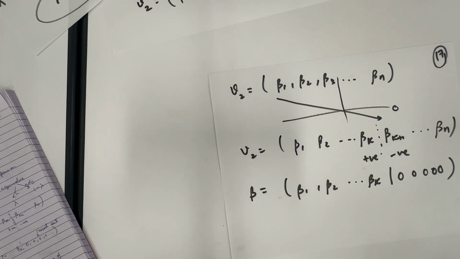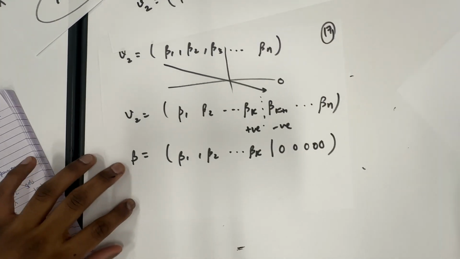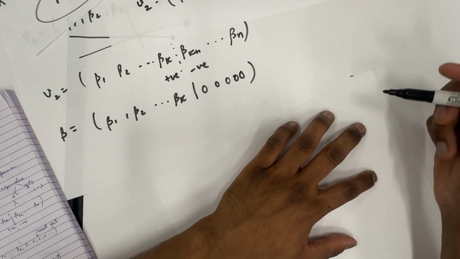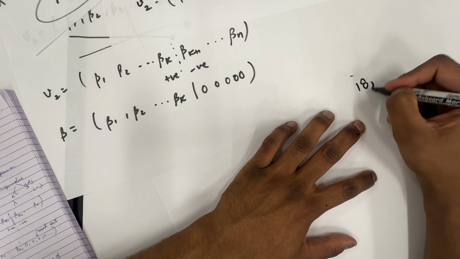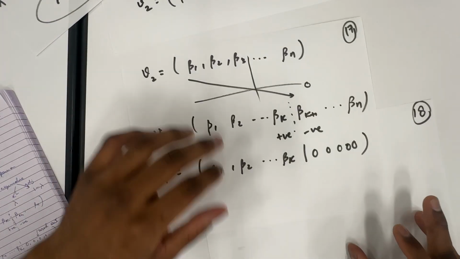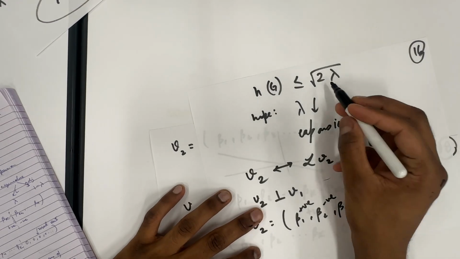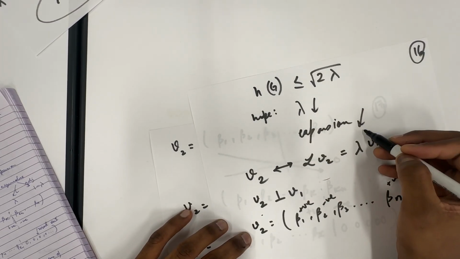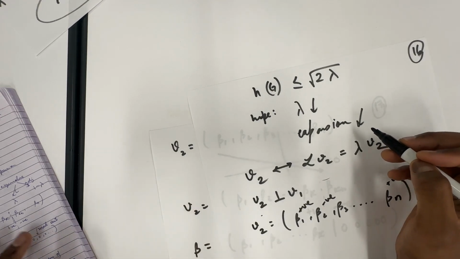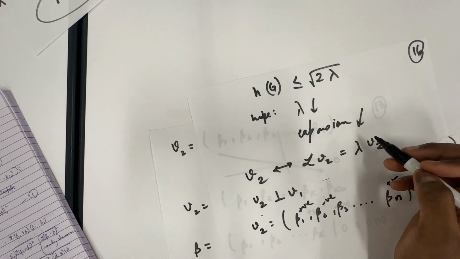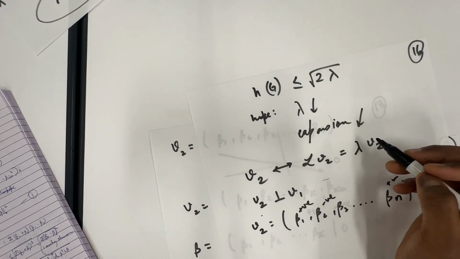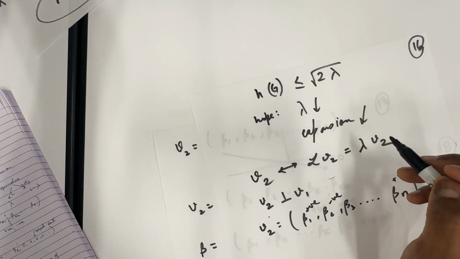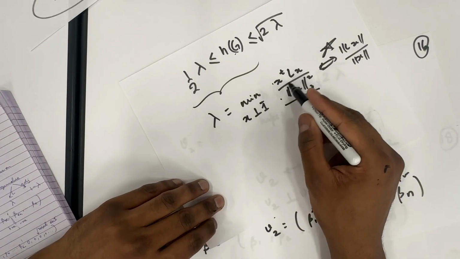Why are we doing this? The intuition behind all of this was, if I can show that my lambda is small, that means maybe the graph expansion is small. Now what was lambda? Lambda was this big quantity.